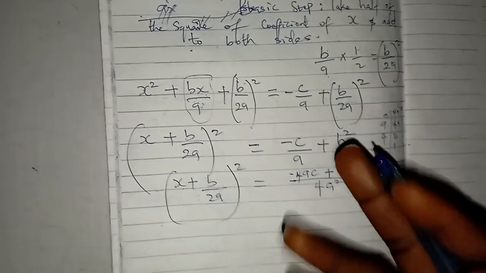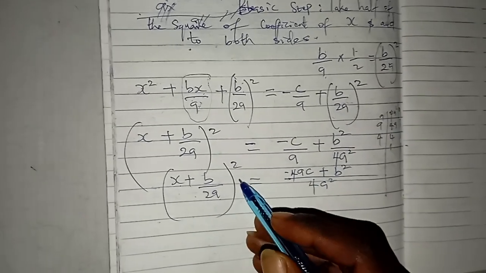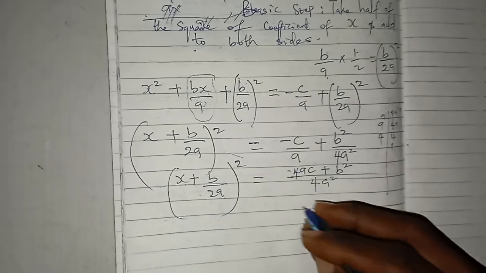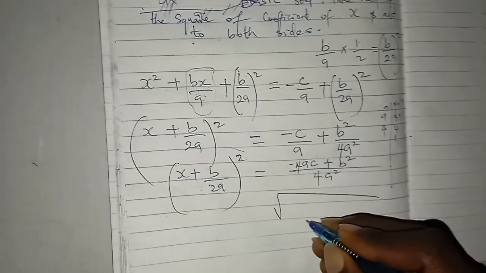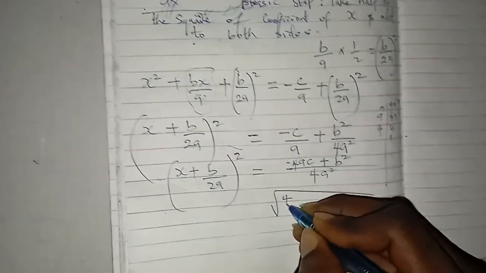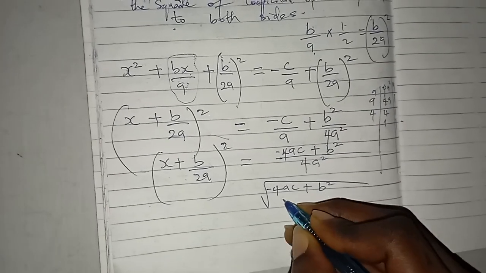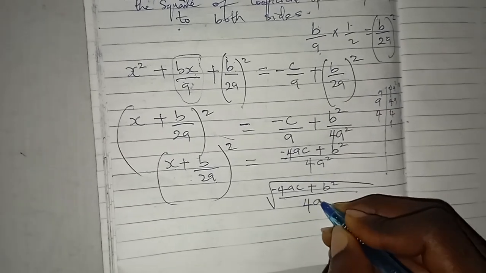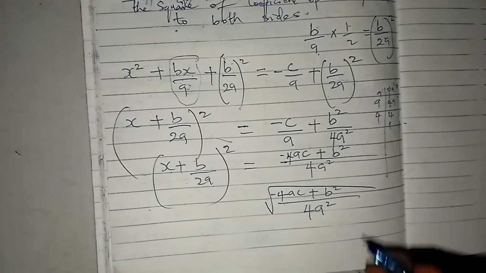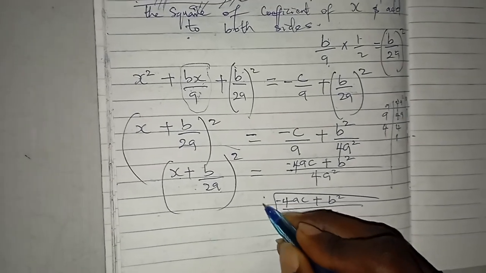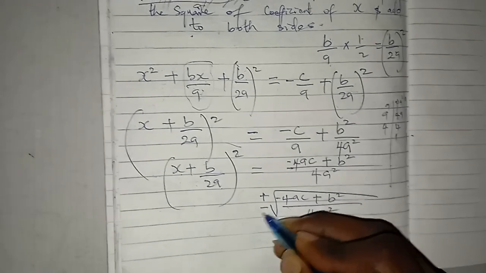I don't want to start doing all those things that you see most textbooks doing. They say if a square crosses the equality sign, it changes to square roots. So it will become square roots. And I have minus 4ac plus b square all over 4a square. And notice that, okay, let's just leave it at this. The minute you introduce square root, it will come with plus or minus.